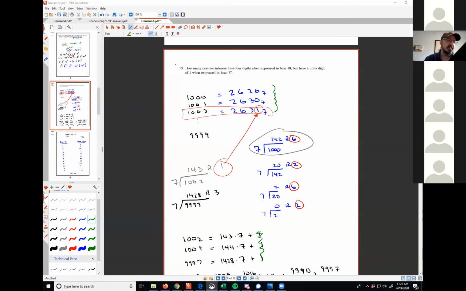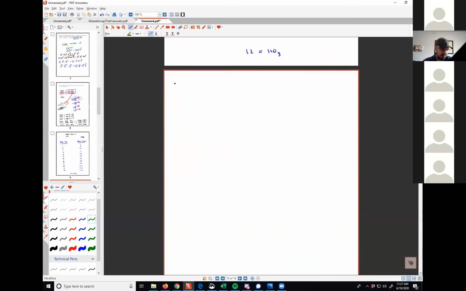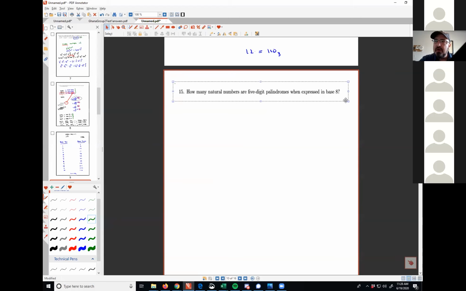So I decided to throw this one on a little bit later as an example of a similar counting problem, but where we have to think in another number base. And the question I'll ask you, Norley, is what are the digits in base 8? From 0 to 7. Right.